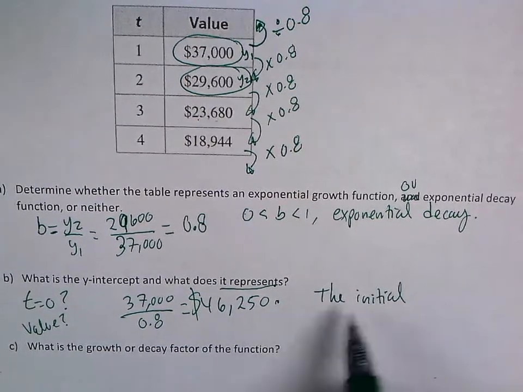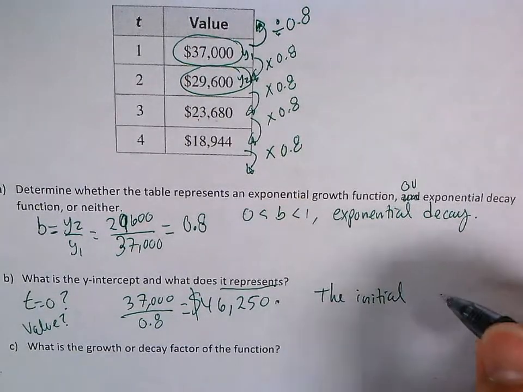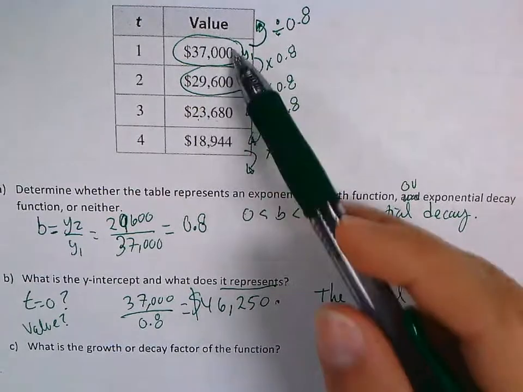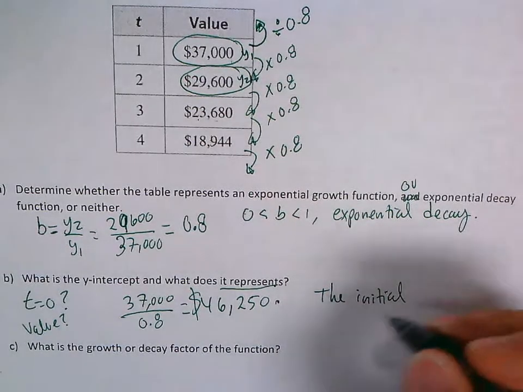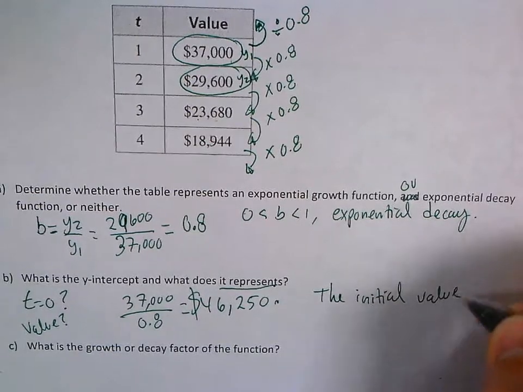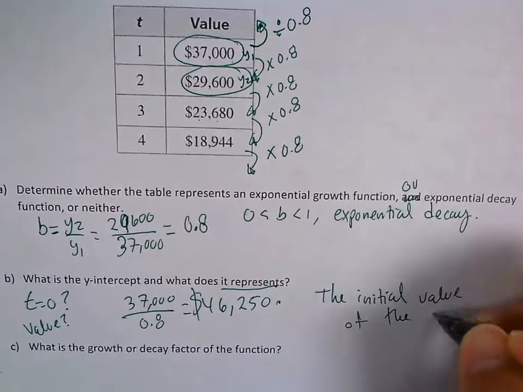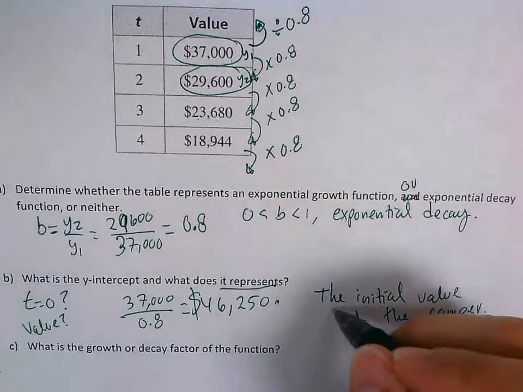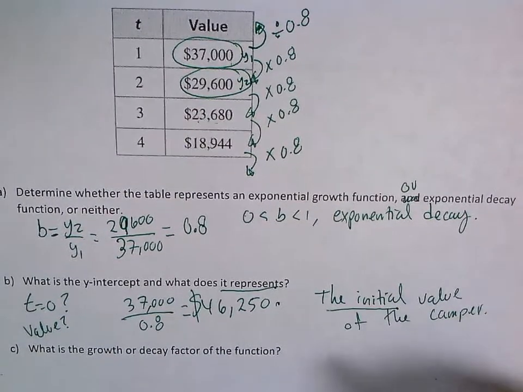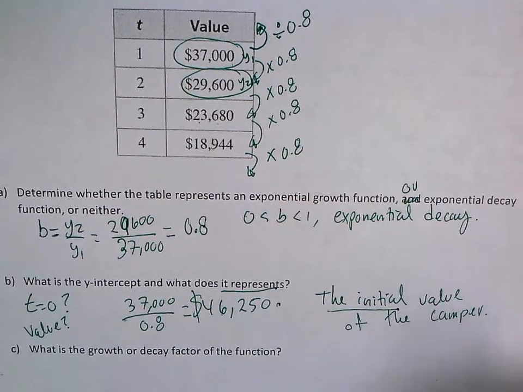The y-intercept represents the initial. Well, what is it that we're talking about? We're talking about the value of a camper, so we need to include that in our sentence. So that will be the initial value of the camper. That means that when you first bought this camper, it was worth $46,250.